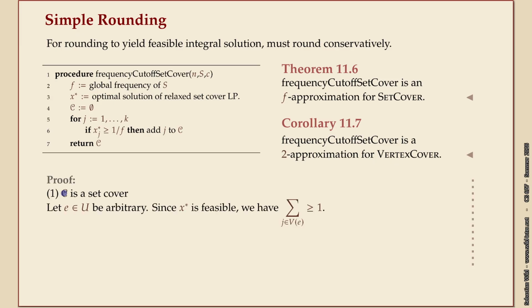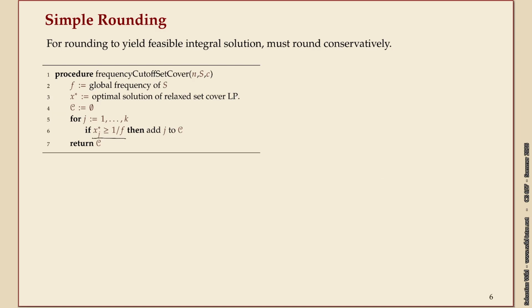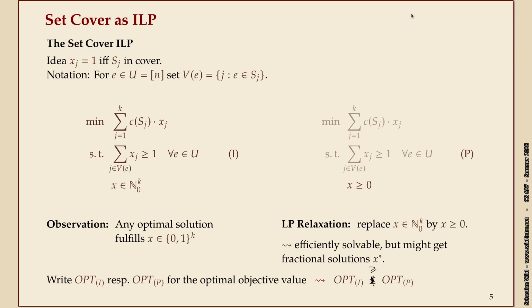We have 2 things to prove. First of all, that the algorithm even computes a valid set cover. And the second, the approximation ratio. To see that it's a set cover, take an arbitrary element from the universe. We have to show that it's covered in the solution. Now, we know that this x star, the optimal solution, was feasible in the LP. And in case you forgot, that's the LP, right?